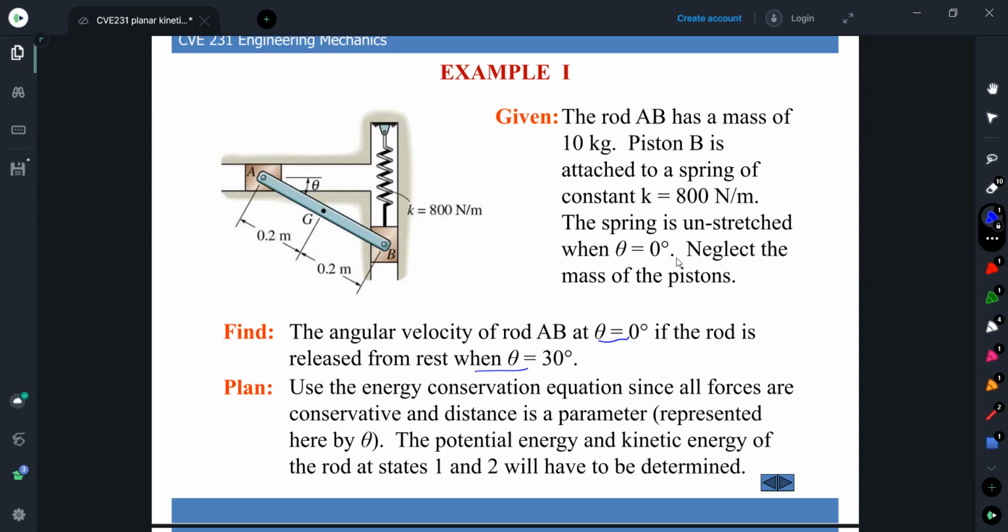If we consider that this system is composed of just the spring force and the gravity force, then this system is a conservative system. So we can apply the principle of conservation of energy to this system.